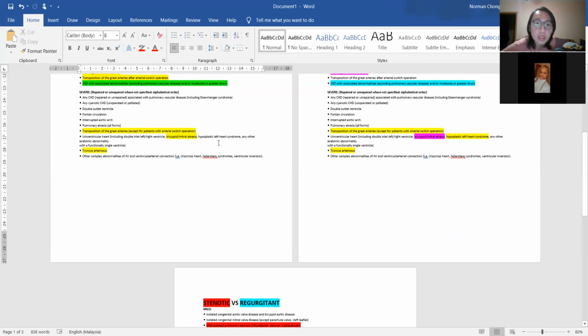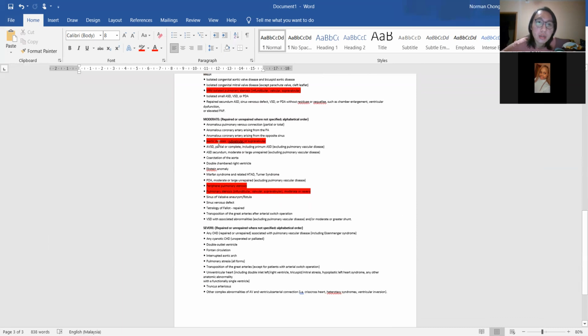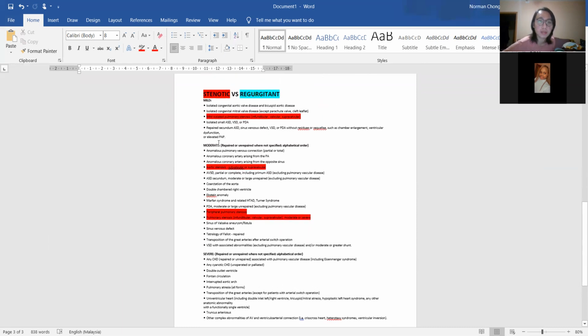Okay, let's go down to stenotic and regurgitant. What do you see here? Amongst all the congenital heart diseases, you see the stenotic heart diseases fall under mild or moderate. And remember, stenotic and regurgitant, the term itself is reflective of valvular heart diseases as well.